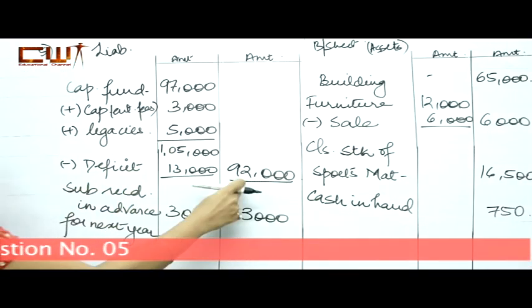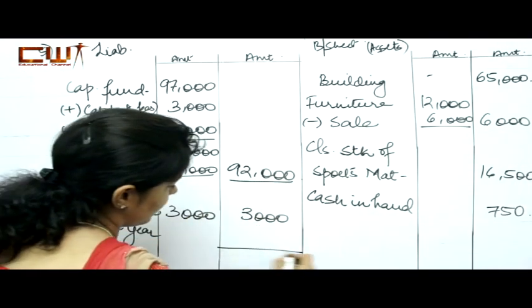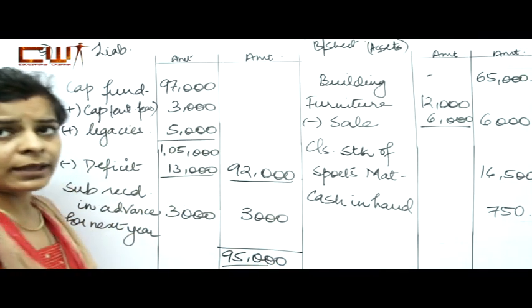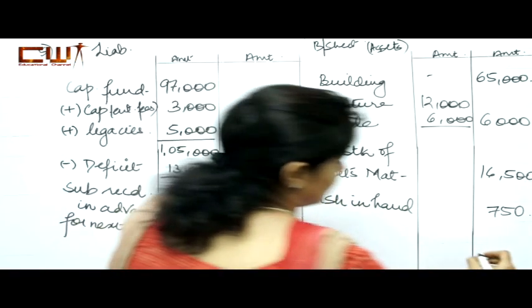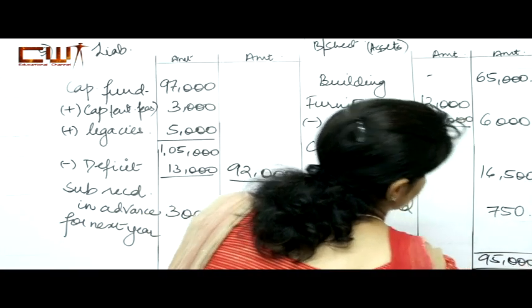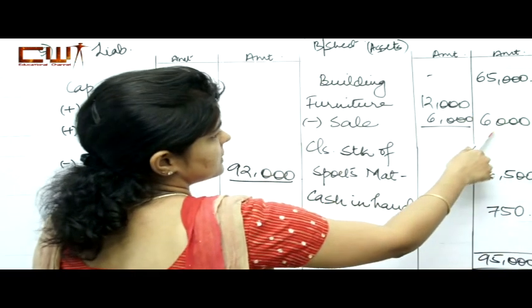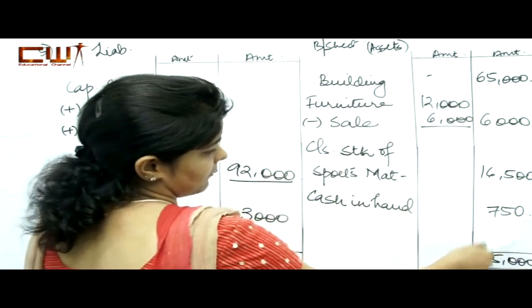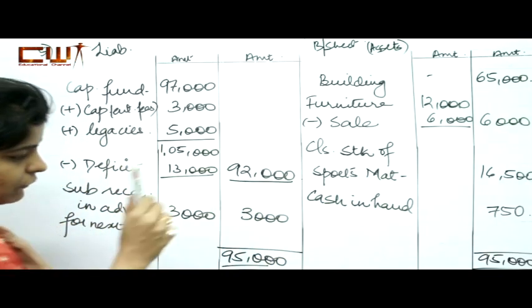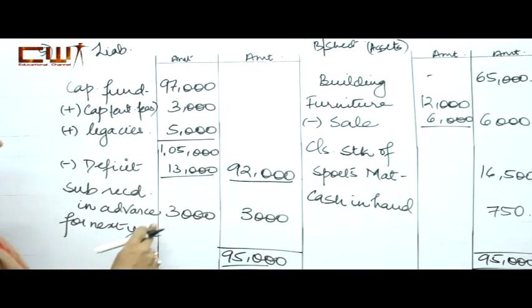So you have added up 92,000 plus 3,000, you have 95,000. Then you add up this side also. That will also give you 95,000. So 65,000 plus 6,000 plus 16,500 plus 750 will give you 95,000, and 92,000 plus 3,000 will give you 95,000. So this is how you will prepare the balance sheet for the 5th question.